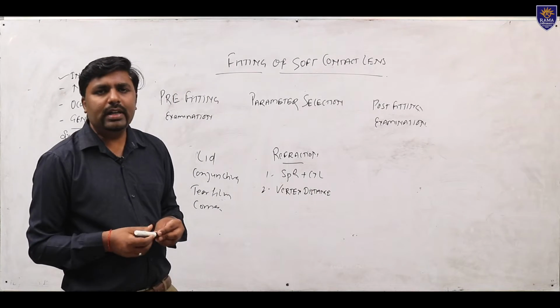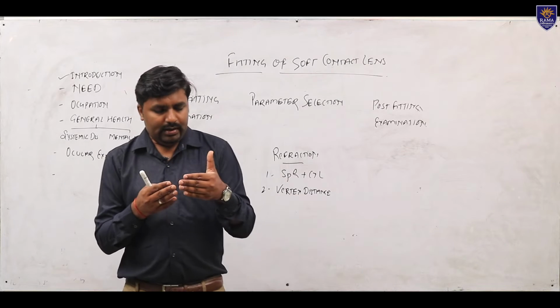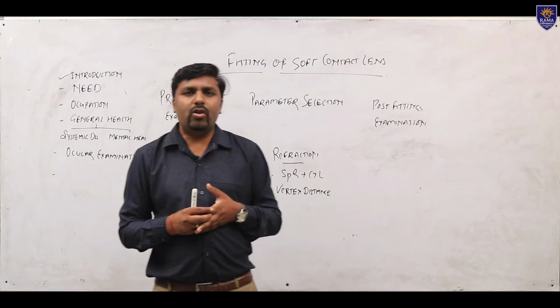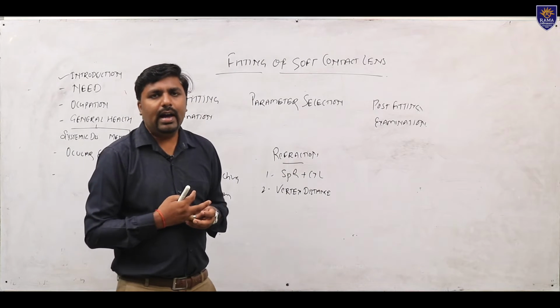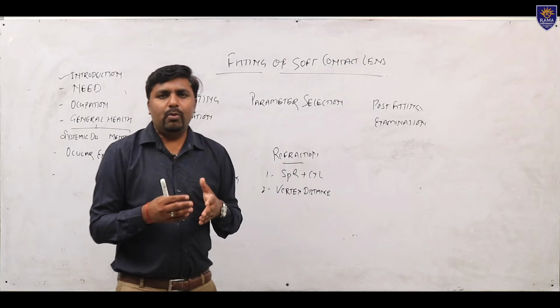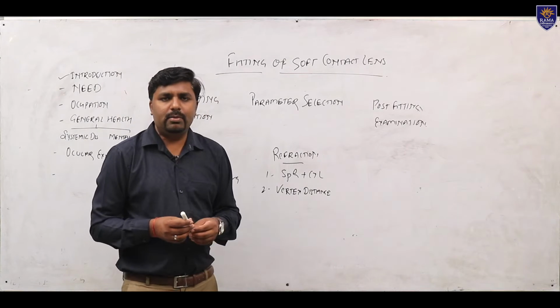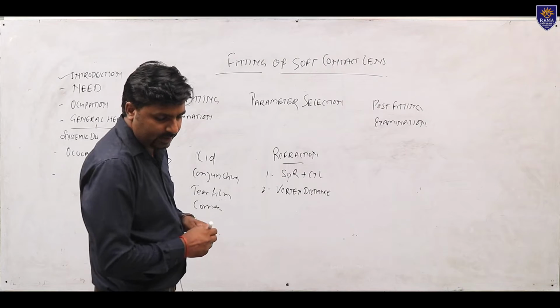Next, we will calculate vertex distance. Compared to contact lenses, spectacles sit in front of the eyes and contact lenses sit on the eyes, so there is a power difference. If the patient has a higher dioptric power, more than 4 diopter, you have to calculate the vertex distance, because the power will change in both plus and minus cases.